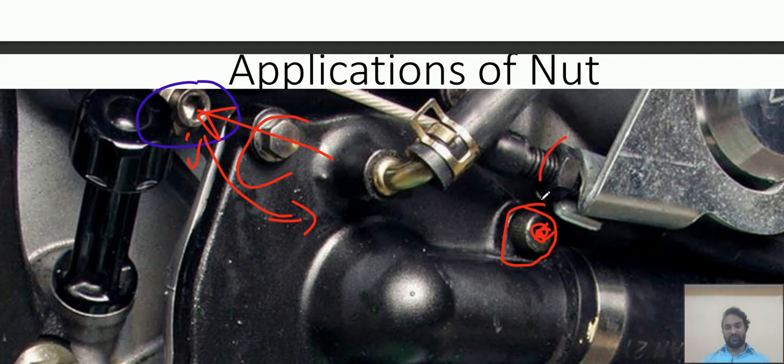Here again a simple wrench can be used, and you see the head of the bolt. This one is the bolt, you see up to this length that is going. This one is the nut. So this is being used for a certain application.